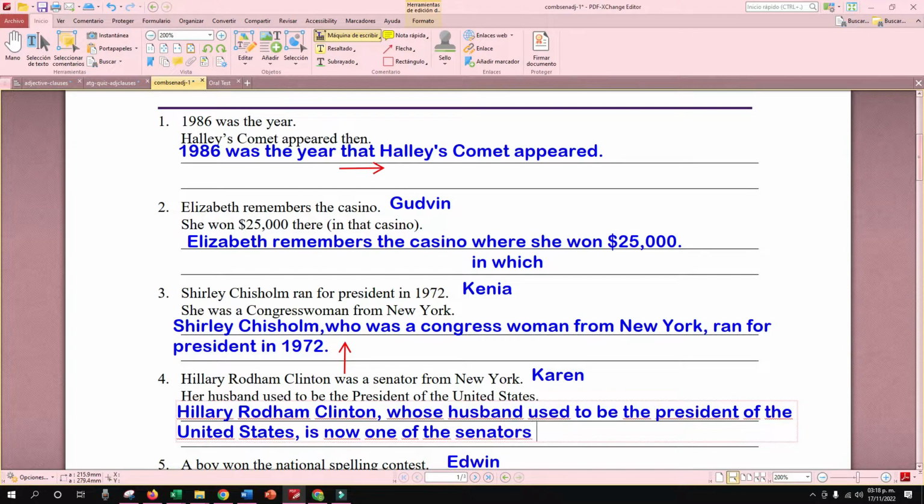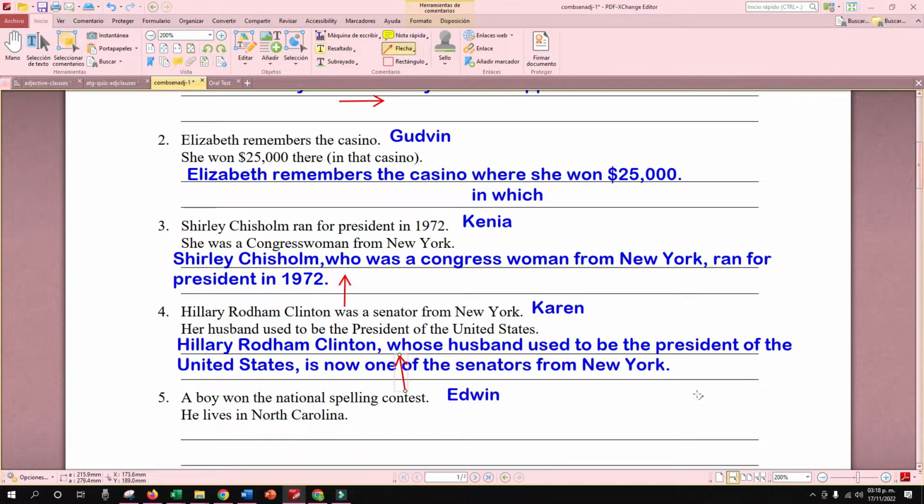This is long. Senators from New York, right? So there you have that one, Karen. So that's great. You use what? Whose. That is the correct relative pronoun. Excellent. Nice, Karen. Perfect. Let's see this one, Edwin.